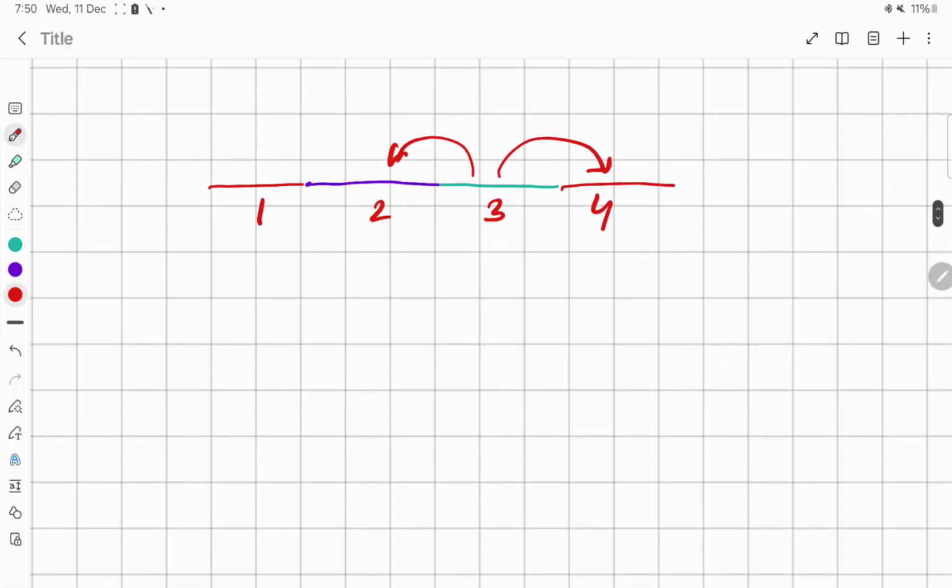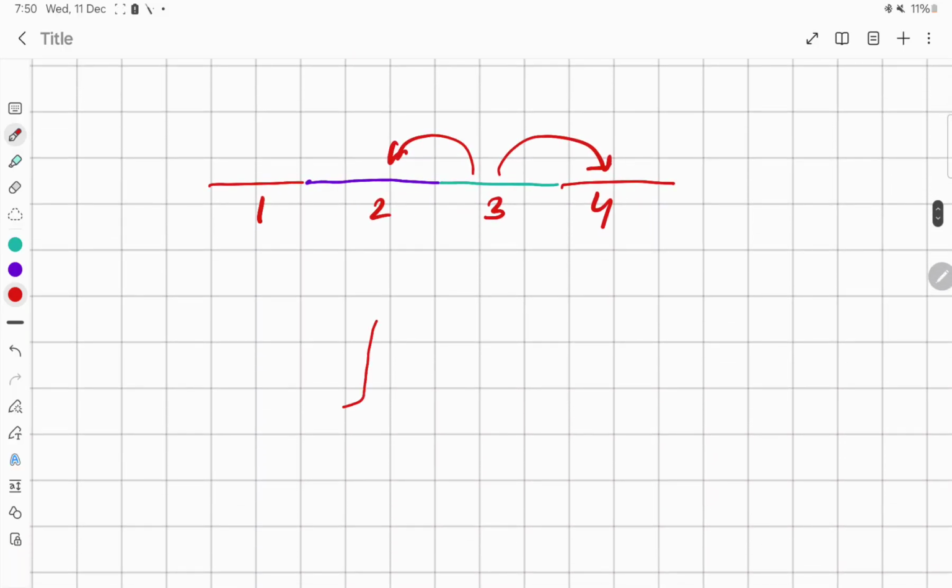So it can bind with 2, or there can be binding of 3 and 4.